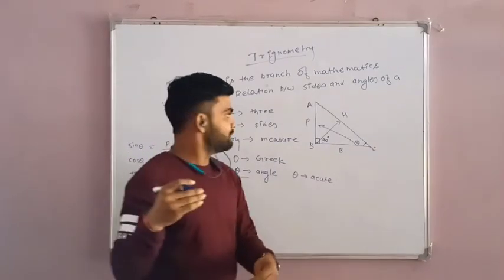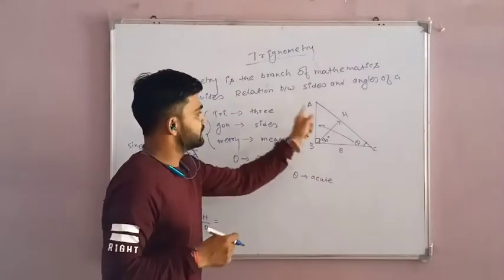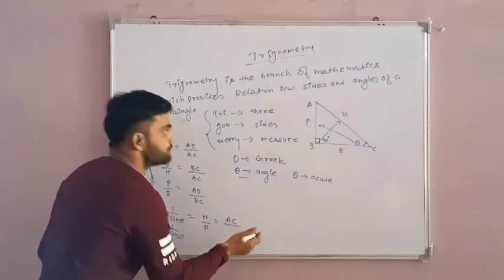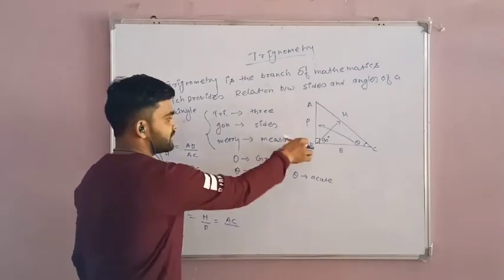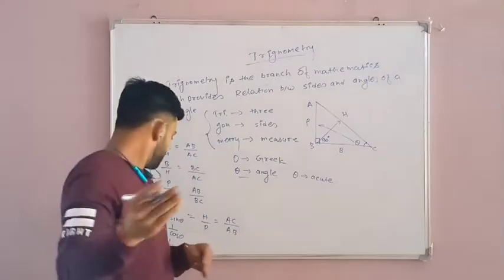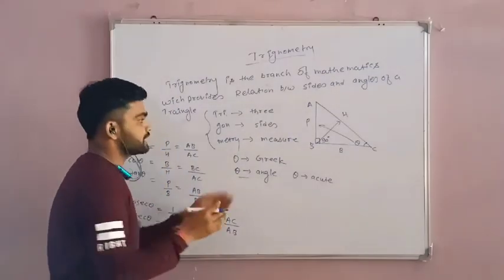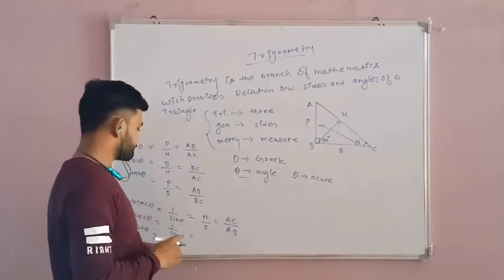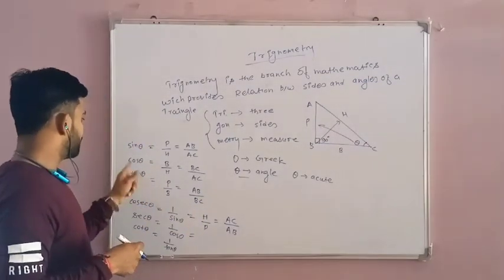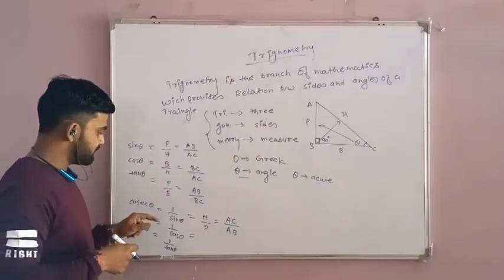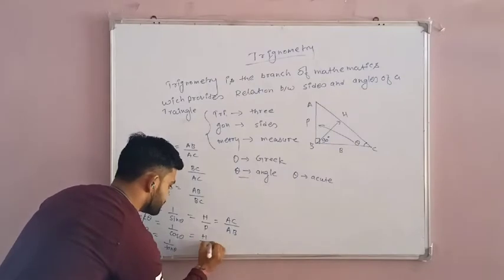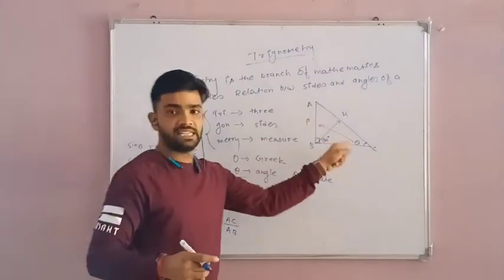So in triangle ABC, what is the hypotenuse? The AC side is the hypotenuse and perpendicular is AB. Similarly, sec theta is the reciprocal of cos theta, means the reciprocal of base upon hypotenuse, that is hypotenuse upon base. What is the hypotenuse? AC side.